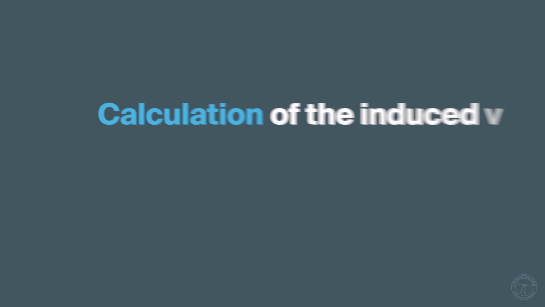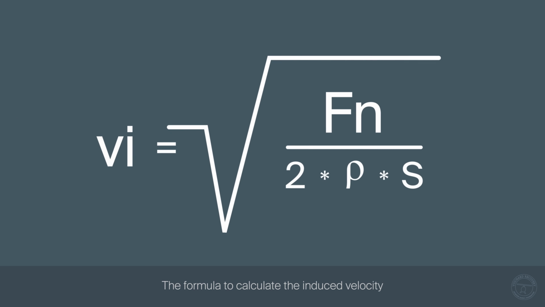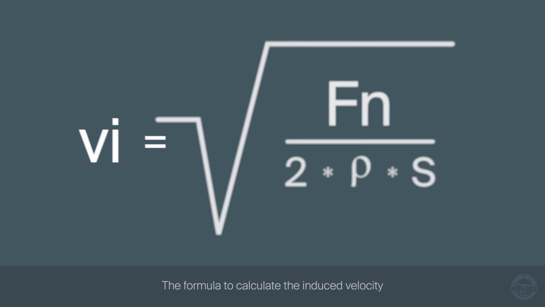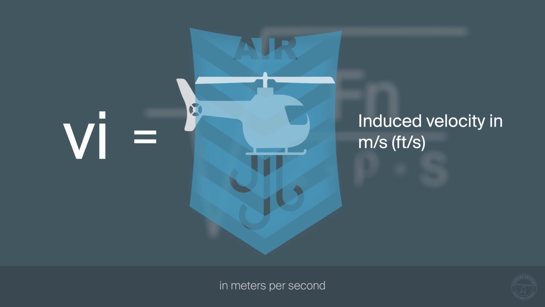Calculation of the induced velocity in function of the rotor disc load and the air density. The formula to calculate the induced velocity. VI equals induced velocity in meters per second or in feet per second.